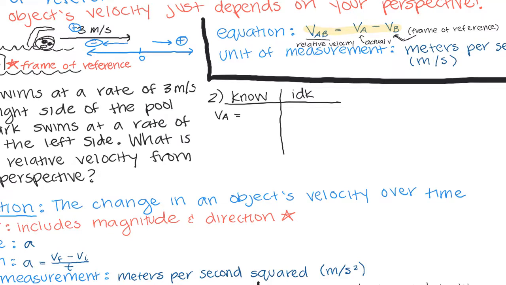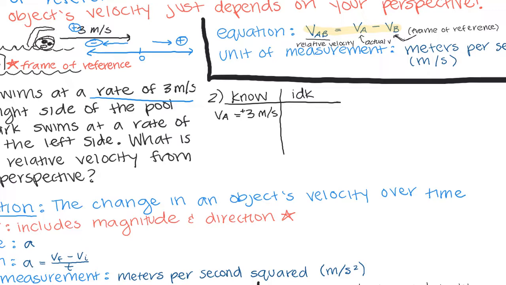Okay, so VA for Alyssa is going to be positive 3 meters per second. We do know Alyssa's velocity is 3 meters per second. And if you're confused about where I got that, that is right here in the problem. And it's also on the picture.